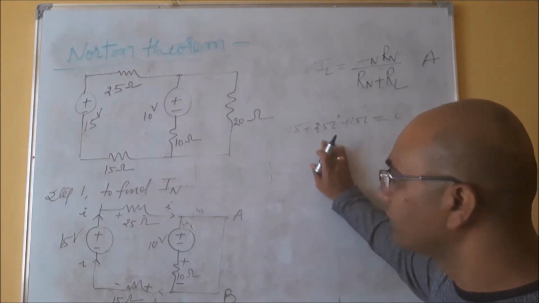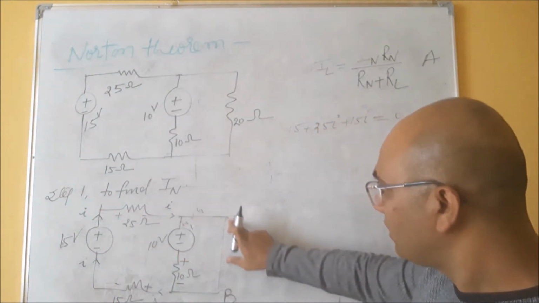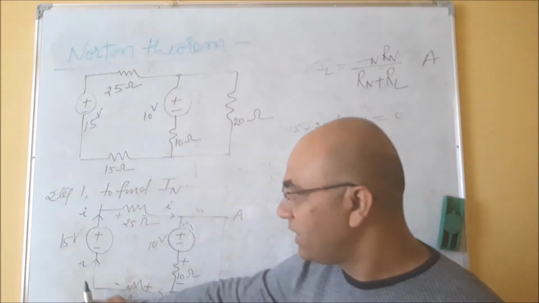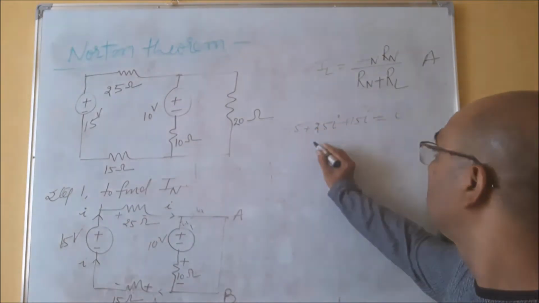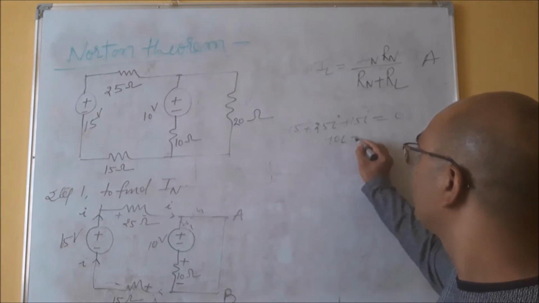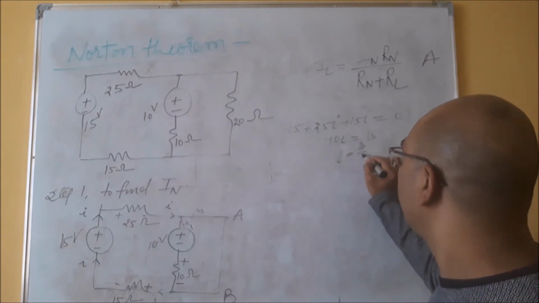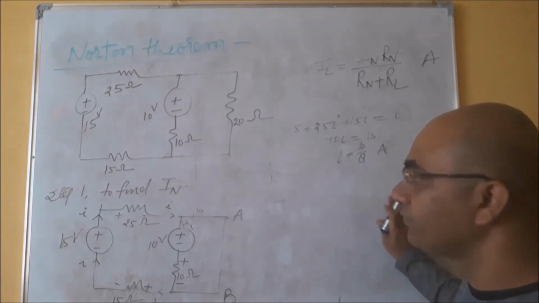So this is fine. Minus 50 plus 25i plus 15i equals 0. Solve this. So 40i equals 50. So I is 5 by 4 ampere.